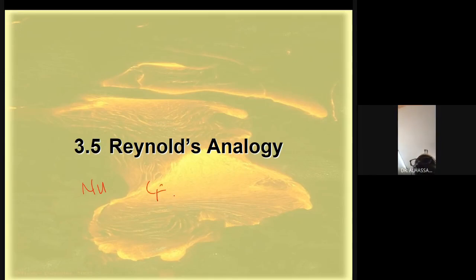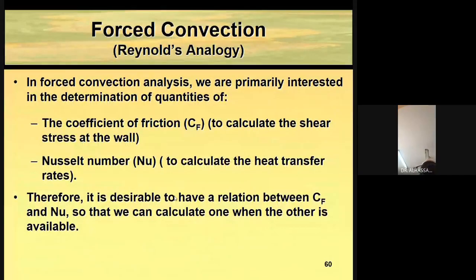These two parameters play a very important role in thermal engineering, because the coefficient of friction is normally used to calculate the shear stress, and the Nusselt number is used to calculate the heat transfer coefficient. So this is very, very important.